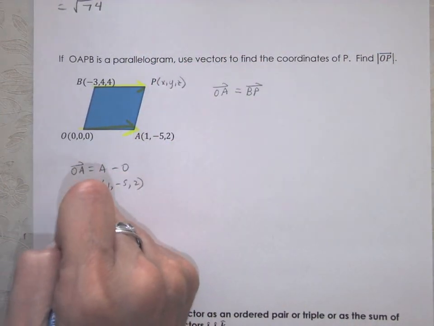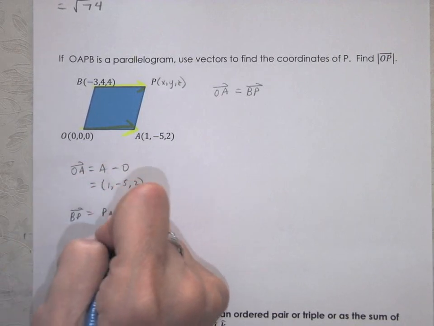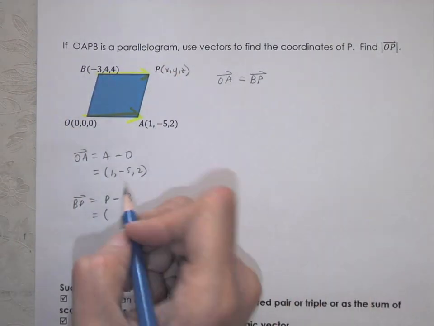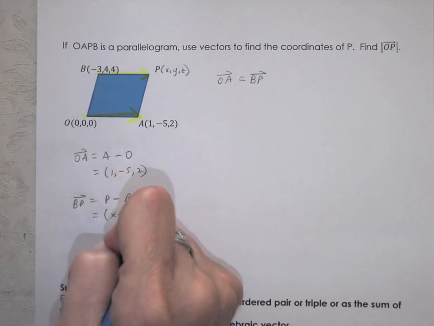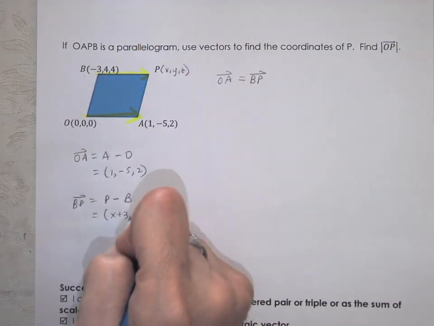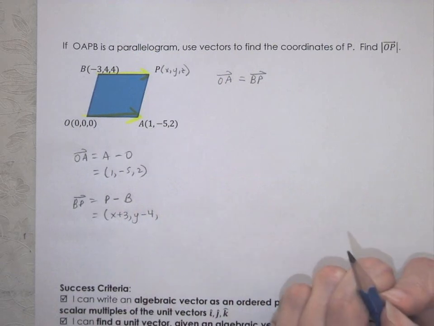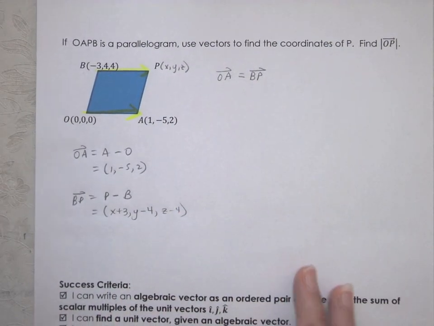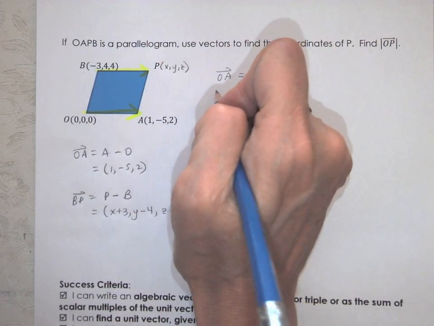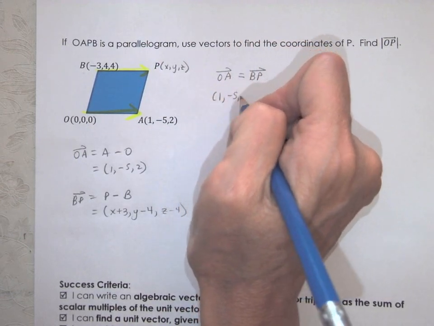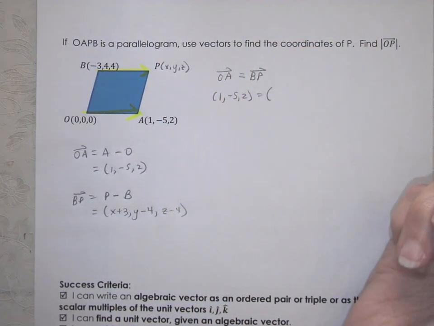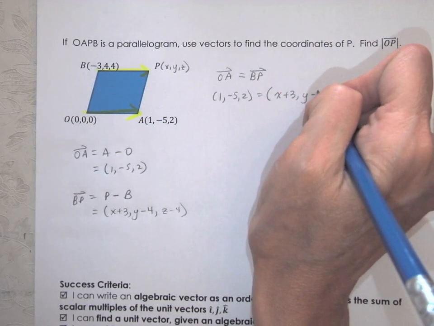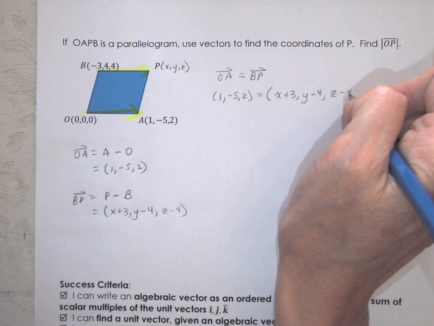So we could say that vector BP was P minus B. X minus negative 3 is x plus 3. Y minus 4, we can leave as y minus 4. Z minus 4. So if we set these equal to each other, vector OA being 1, negative 5, 2, and vector BP being x plus 3, y minus 4, z minus 4.